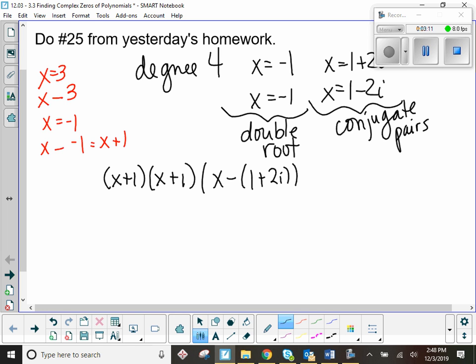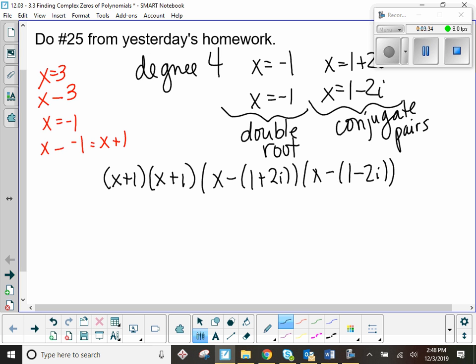That was supposed to be a bouncing ball. You're supposed to be following it and saying it. I'm sure that was lost in translation. And then for the last factor, it's still x minus the 0. And the 0 is 1 minus 2i. All right? It's kind of weird, but we shall persevere.